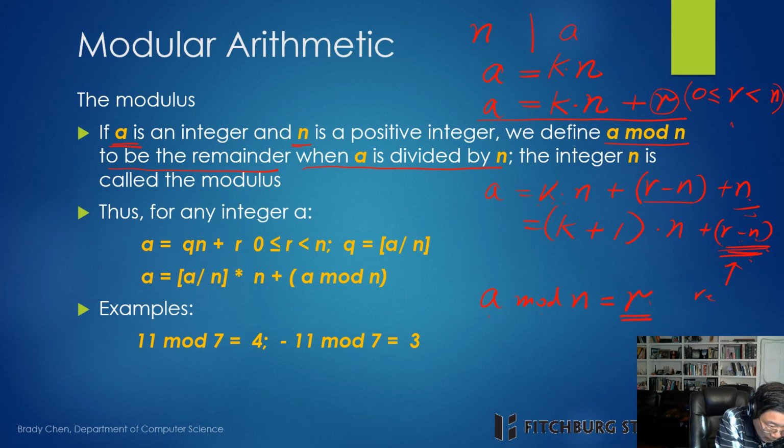Okay, now let's take a look at an example. Suppose a is 73 and n is 5. What is a mod n? This is the same as 73 mod 5, right? Let's see what the result is. We do the division, 73 divided by 5.